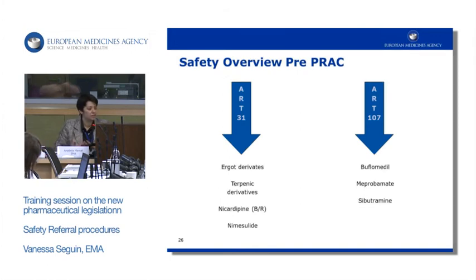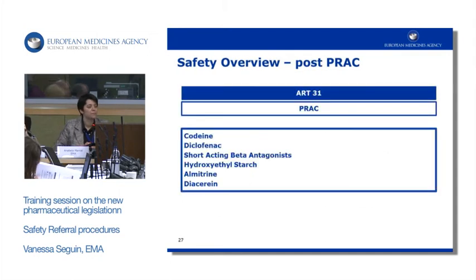Then we had the standard Article 31s, benefit-risk or safety related, that will now also go to the PRAC. And we already had a provision under Article 107, and we had a couple of them, when a member state suspended a national authorization, that has now been converted into the 107I with all these changes.